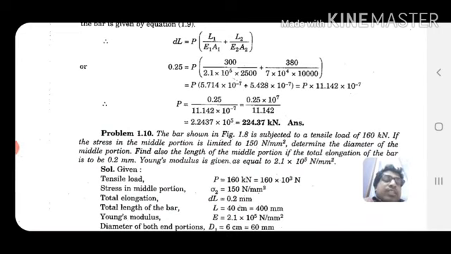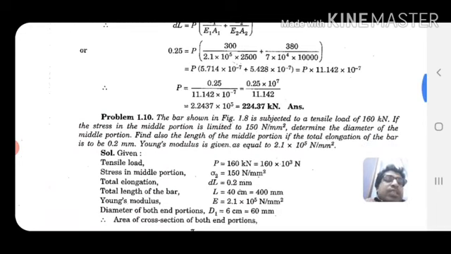So that is equal to P into 5.714 into 10 to the power minus 7 plus 5.428 into 10 to the power minus 7. That is equal to P into 11.142 into 10 to the power minus 7.